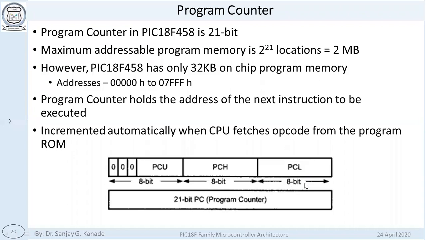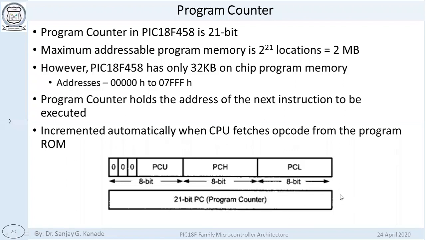So remember these things: PCL, PCH, PCU, low, high, upper. Okay, so 8-bit PCL, 8-bit PCH, and 8-bit PCU. However, since we need only 21 bits, 8 plus 8, 16 plus 5 is 21, so the rest of the 3 bits are always 0. Okay, this is the 21-bit program counter.